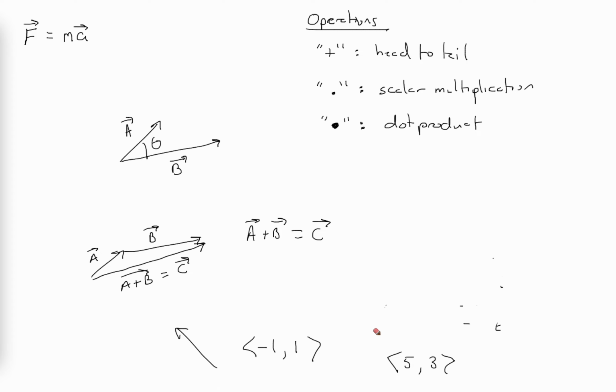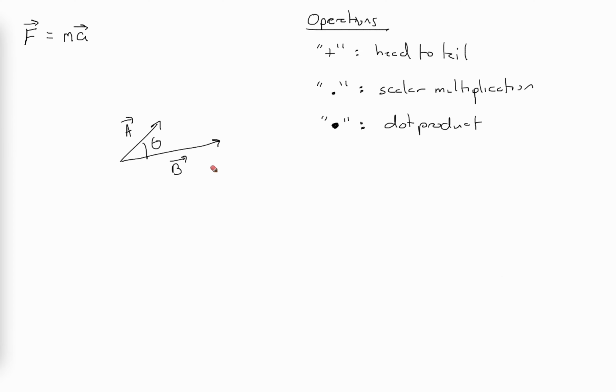We have a geometric rule for adding and multiplying and dot product, and we also have a rule involving the components. So these are the geometric versions, and they're completely equivalent. One is just looking at them from the geometry, drawing the pictures, and one is looking at them algebraically, using algebra on the actual components, the numbers themselves.